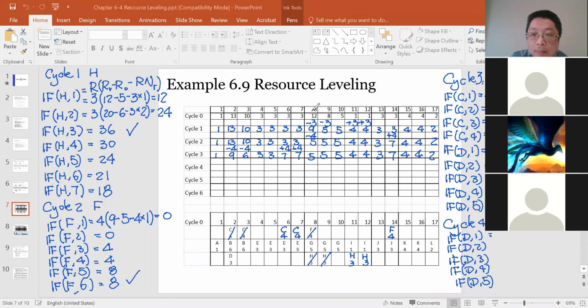This is a 5-point participation question. If not, I'm going to write my answer over here.